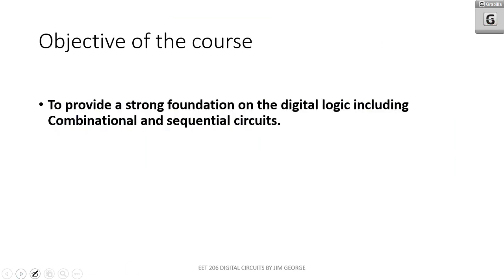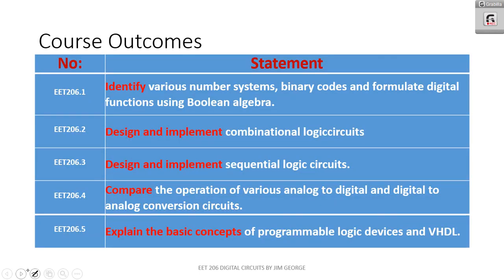Now, the objective of the course is to provide a strong foundation of digital logic, including combinational and sequential circuits. That is the objective which you need to satisfy after this course. So the problem statement is already defined. Now, what are the expected outcomes after studying this course?